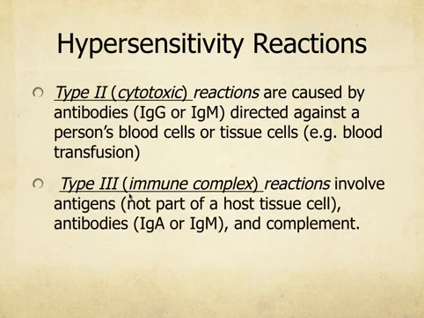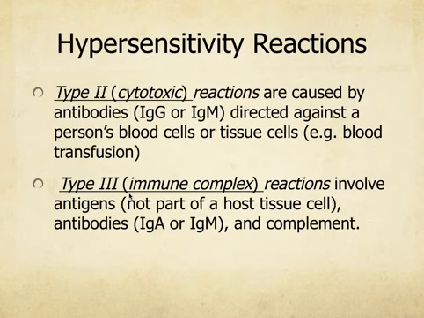Okay, the type 3 reaction is going to involve antigens, antibodies, and the complement system. So there's a certain amount of those antigen-antibody interactions that are going to occur, and with the IgA and IgM, these immune complexes are sometimes small enough to escape phagocytosis by monocytes and the like, but they become trapped in the basement membrane of blood vessels.